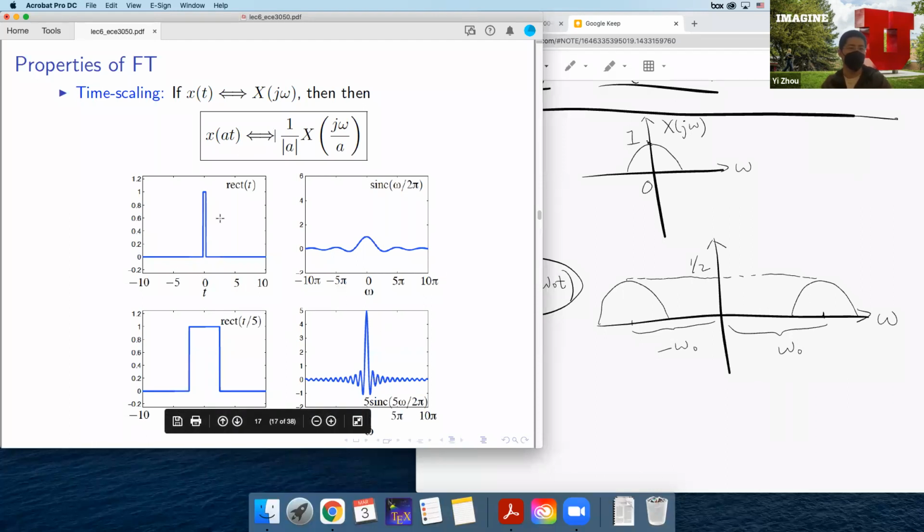If your signal is very narrow, very close to an impulse, that means in order to generate such a signal using Fourier series, we need a lot of high frequency components to approximate this signal. So that's why the spectrum is spreading out over the entire frequency domain. These are very interesting properties of this Fourier transform.